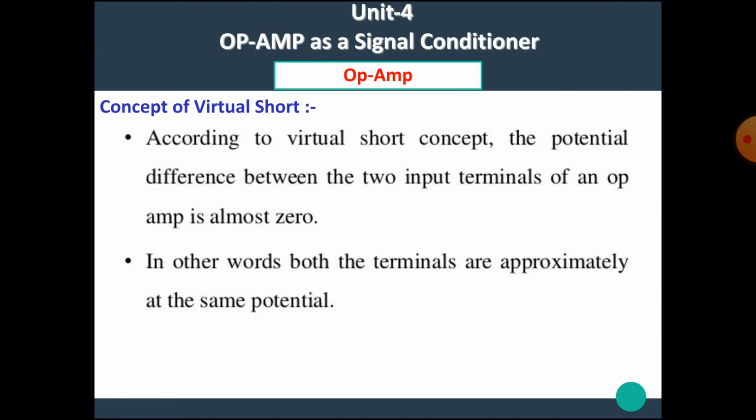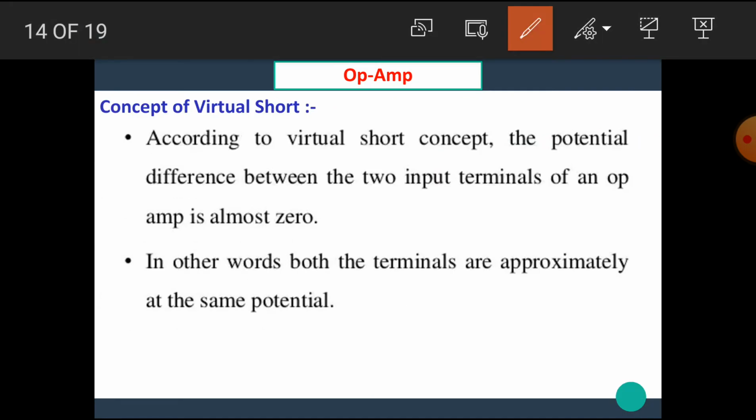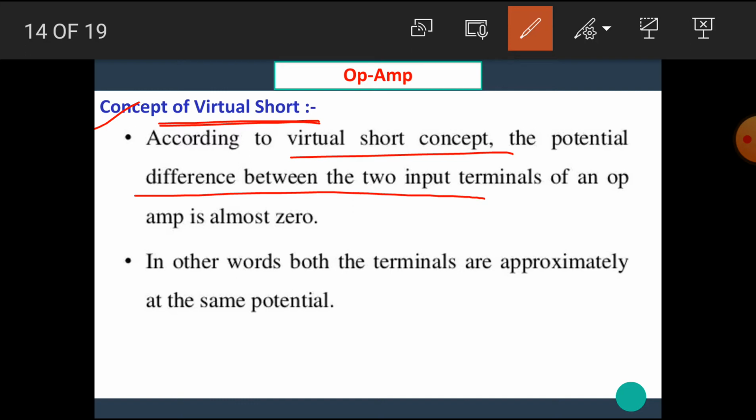Okay. Now let's see the main topic, the concept of virtual short. What is the virtual short condition? According to the virtual short concept, the potential difference between the two input terminals of the op amp is almost zero.